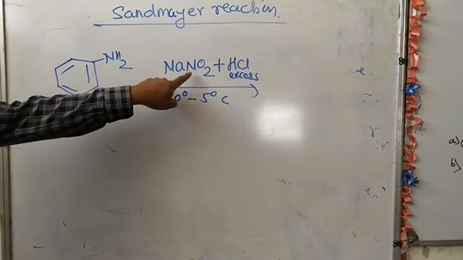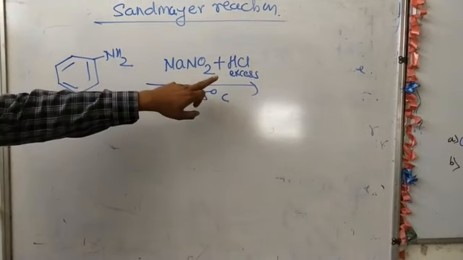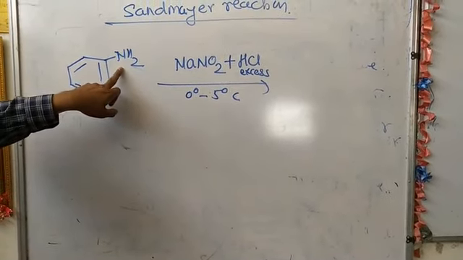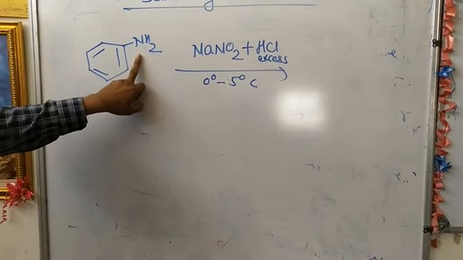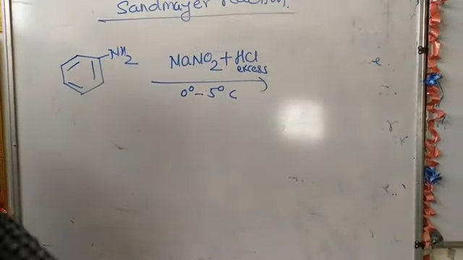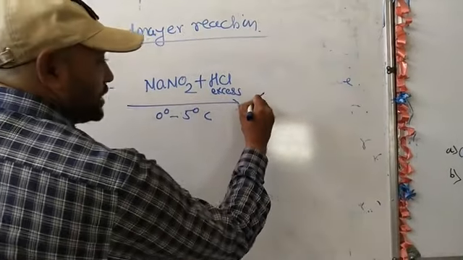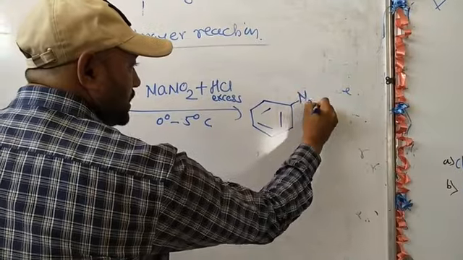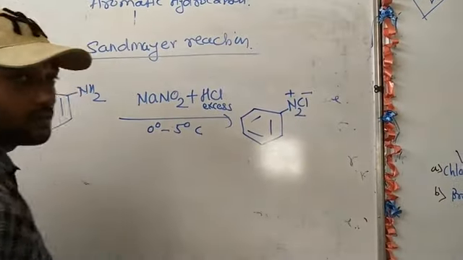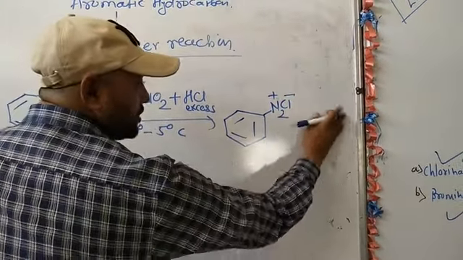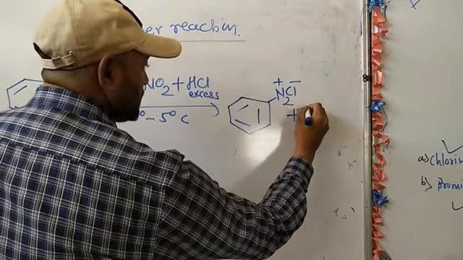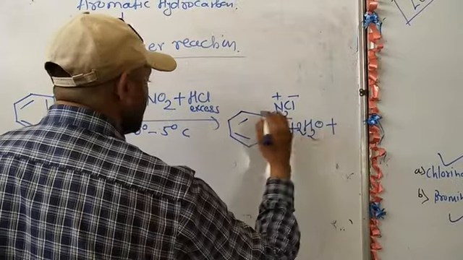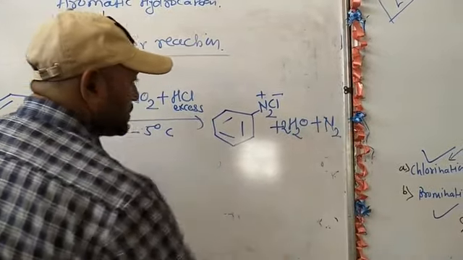So sodium nitrite reacts with excess hydrogen chloride, and combined with aniline it undergoes a diazotization reaction and leads to the formation of a salt, benzene diazonium chloride, plus 2 H2O plus nitrogen gas.